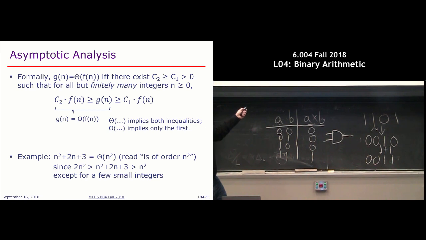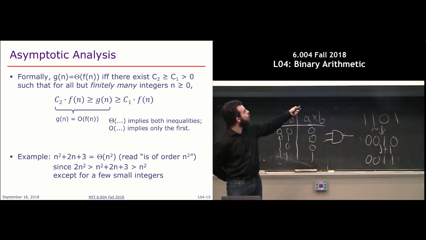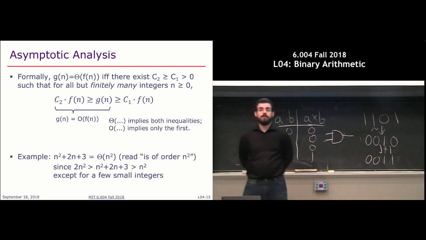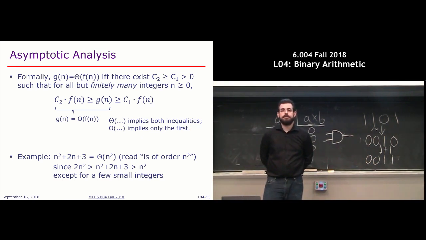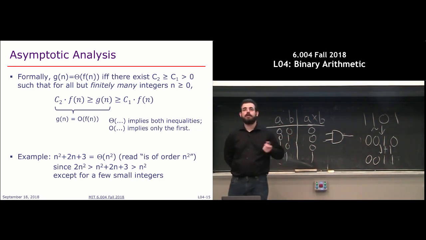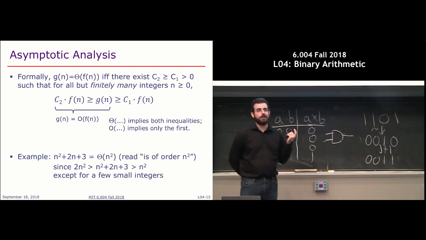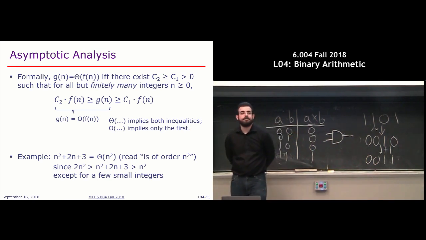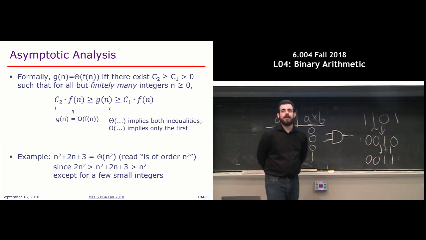Well, because you can choose, for example, constant 2 here. 2 times n squared is almost always larger than n squared plus 2n plus 3, and that itself is always larger than n squared for positive integers n. So in practice, what this means is that given this equation, you take the most rapidly growing term, you throw out all the constants, and that's your f of n. Any questions?